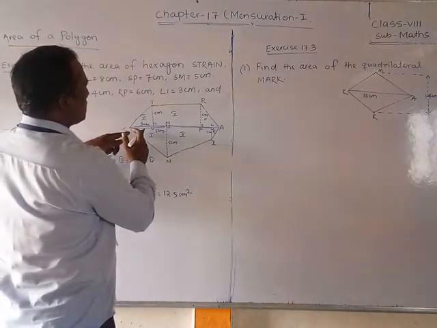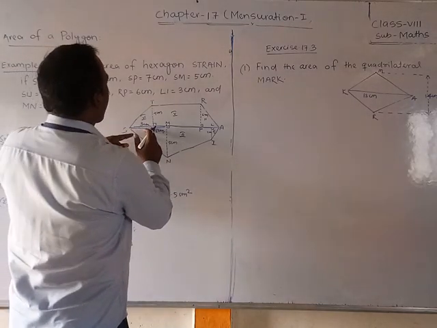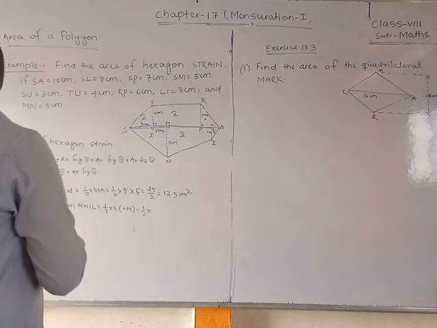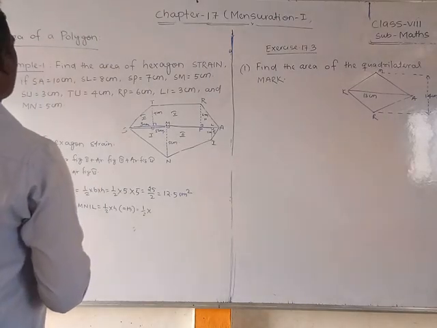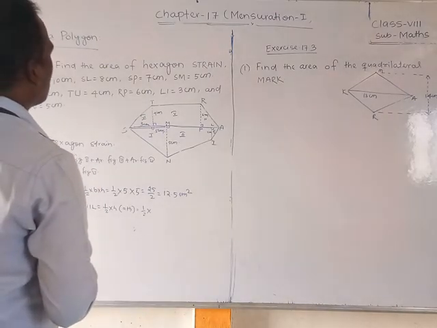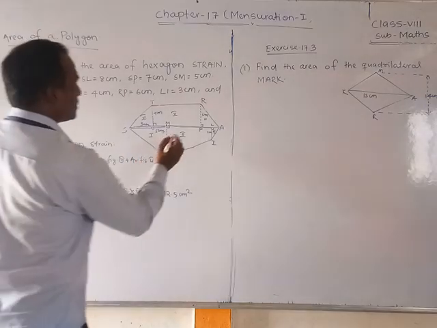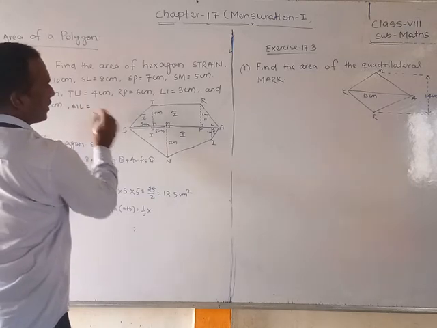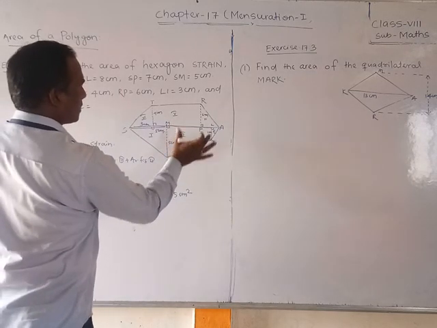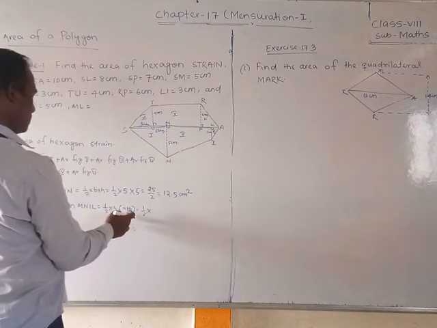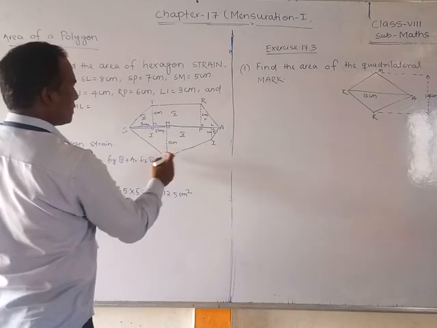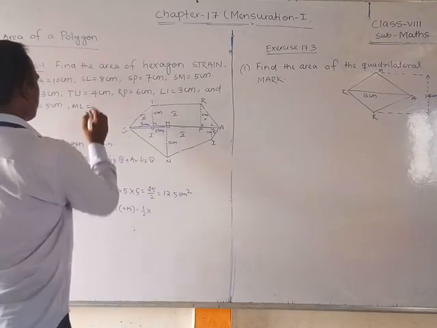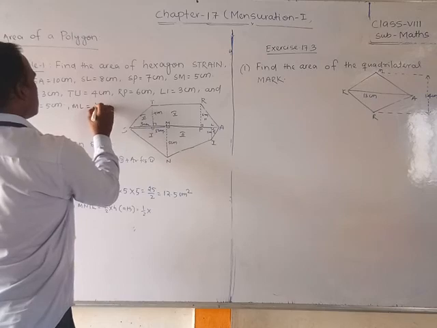Now observe that here we can also write ML. From here, a plus b, this is 5 plus 3, 8. ML you can write 10 centimeter.